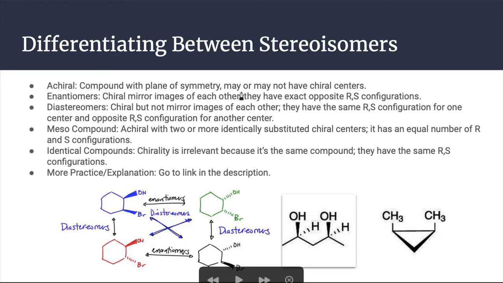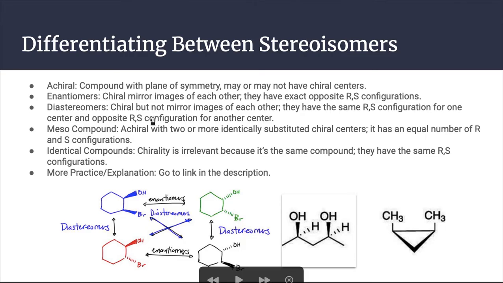And the other thing about the R and S configuration is you only apply that for chiral centers, and an achiral compound may or may not have chiral centers. So the existence of a chiral center doesn't really determine whether or not a compound is achiral. So the biggest thing is basically just looking for a plane of symmetry.